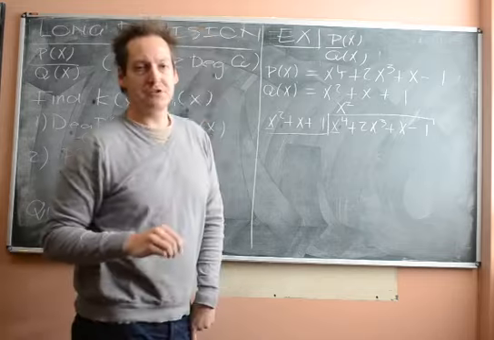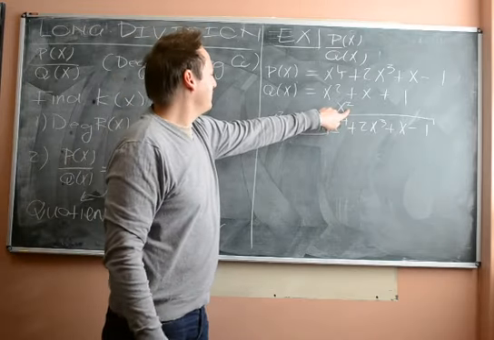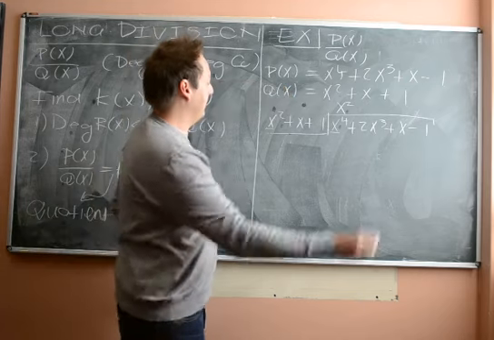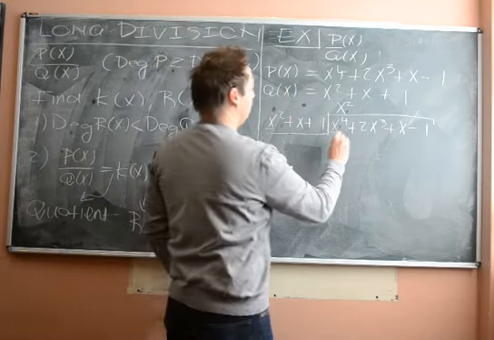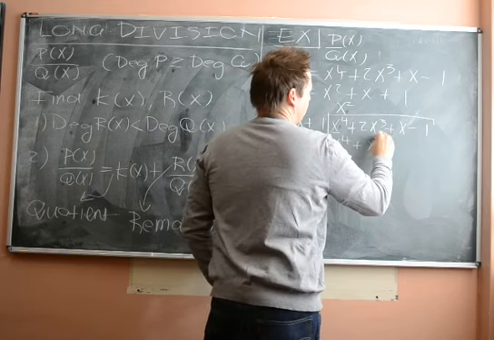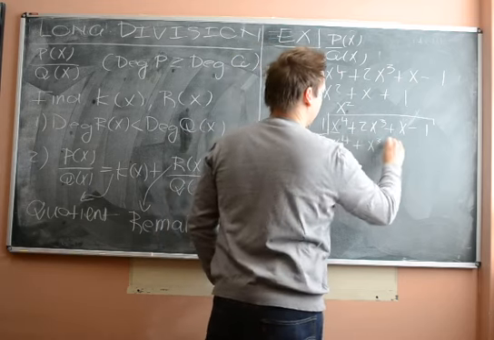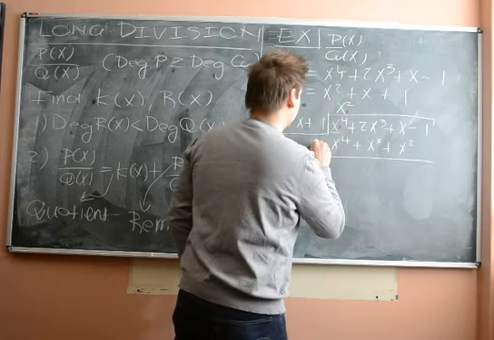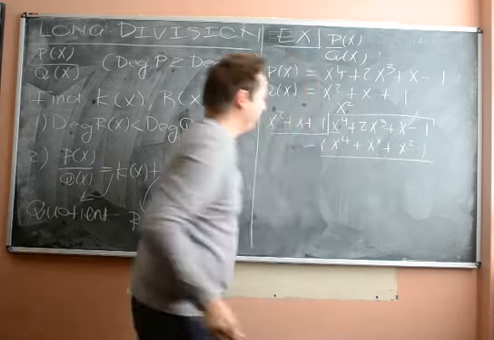We write that on top. Now we multiply x squared with q, and we write it down here. So x squared times q will be x to the fourth plus x cubed plus x squared. And we subtract the answer.